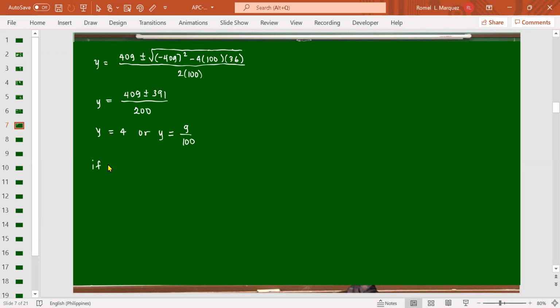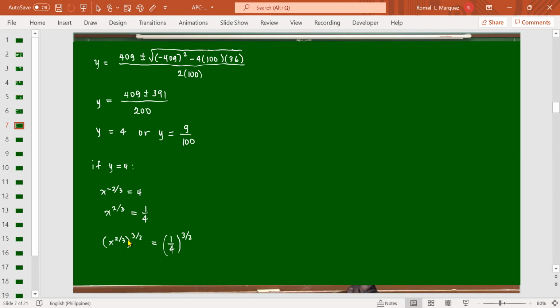So if y equals 4, we have x to the negative 2/3 equal to 4. Take the reciprocal, that's x to the 2/3, and that is equal to 1/4. Raise each side to 3 halves. So 1/4 raised to 3 halves.